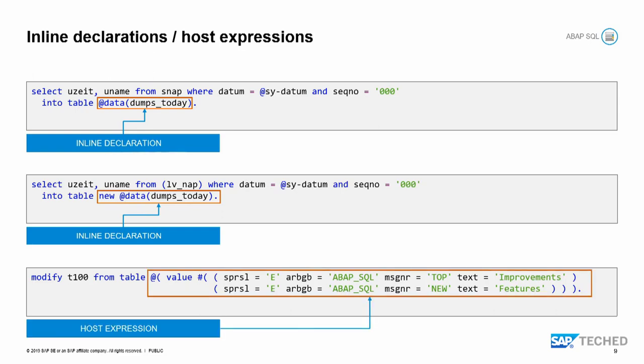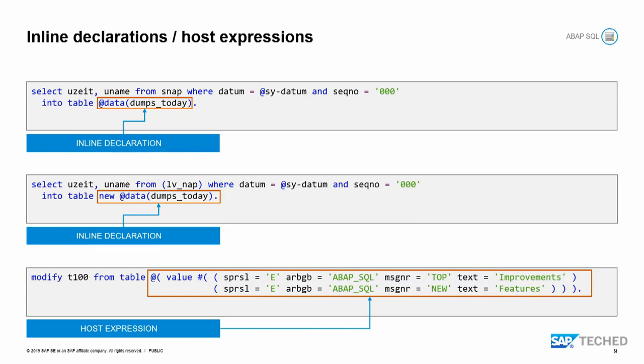We can also make use of the host expressions. Here we can see a sample with the MODIFY statement. Now we are modifying this table T100. Instead of using another internal table predefined previously in our code, we can just write such a sample where we define a value, and then we fill this variable directly in the statement.